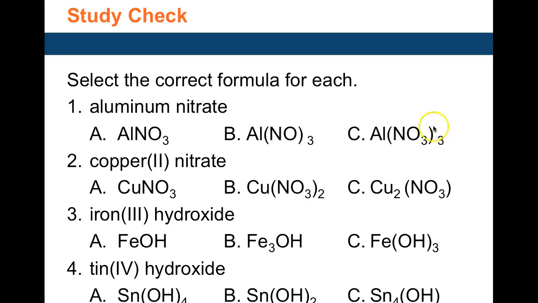So Al(NO3)3. Iron(III) hydroxide. So iron is plus 3, hydroxide is negative 1, so Fe(OH)3. Tin(IV) hydroxide. Tin is plus 4, hydroxide is negative 1, so it would be Sn(OH)4.